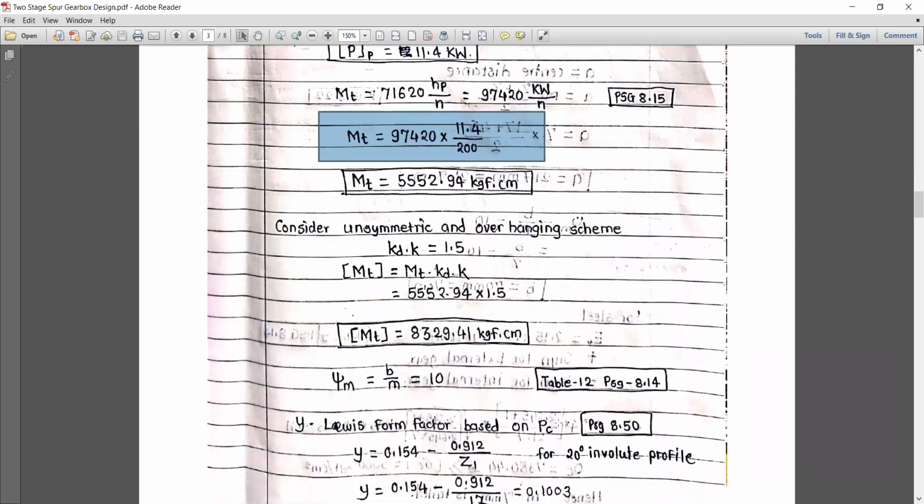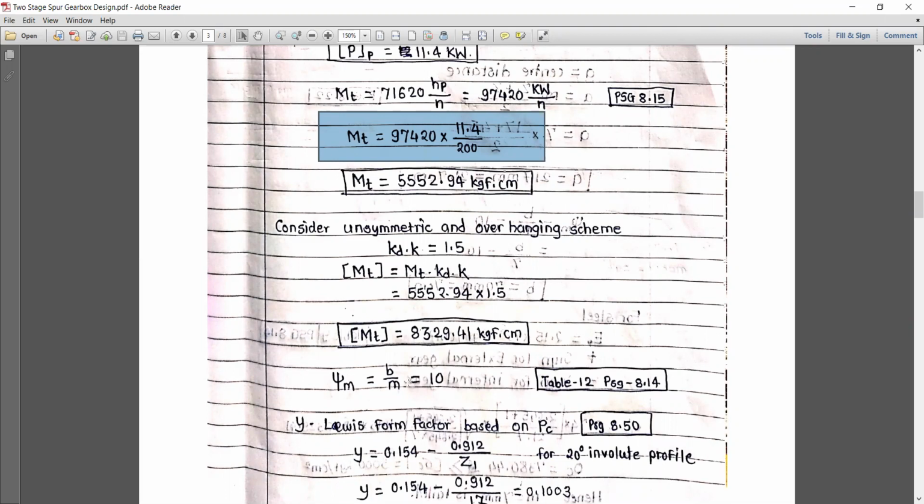From this we get the normal torque. So MT is equal to 5552.94 kgf centimeter. Now using symmetric and overhanging, KDK is equal to 1.5.